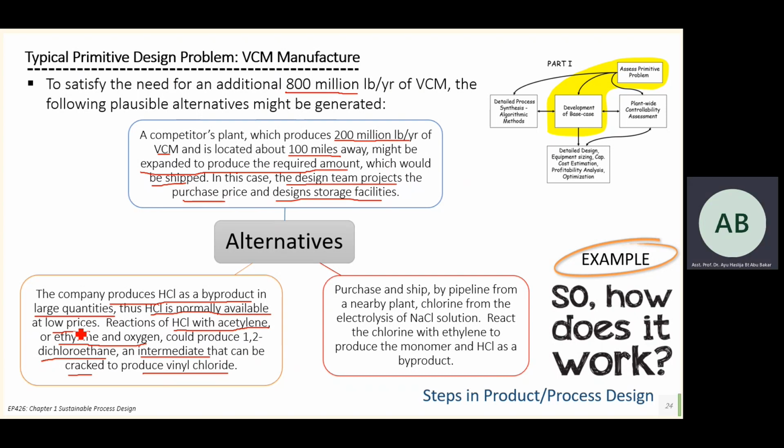So they can consider reacting the byproduct with acetylene or oxygen or ethylene to produce VCM. Two options over here: whether they can sell the HCl but at low price, or they use the HCl to react with other chemicals to produce the product.